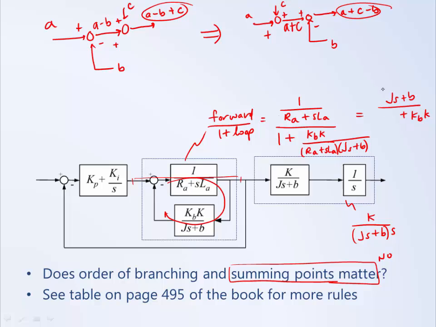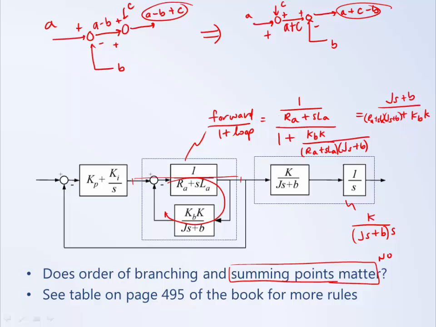So we'll also end up with Ra plus sLa times Js plus B. So that's what that piece of the block diagram reduces to.